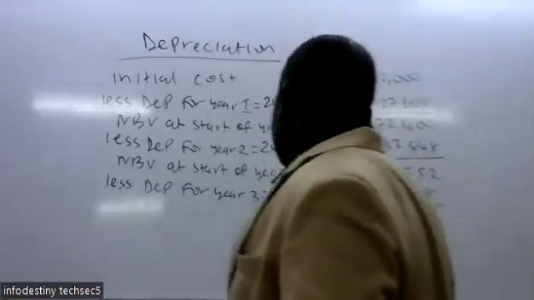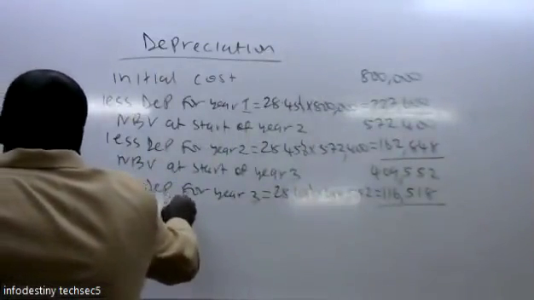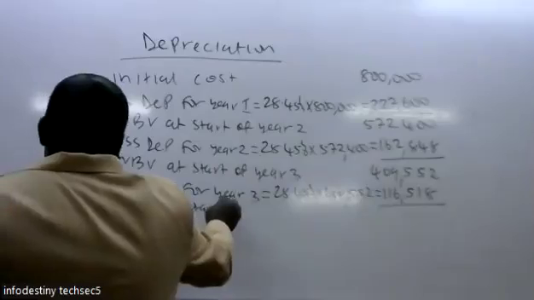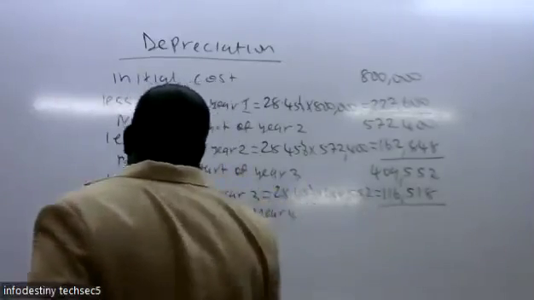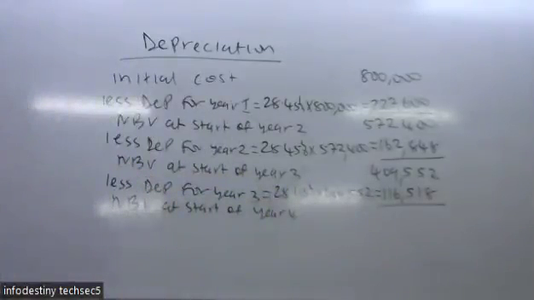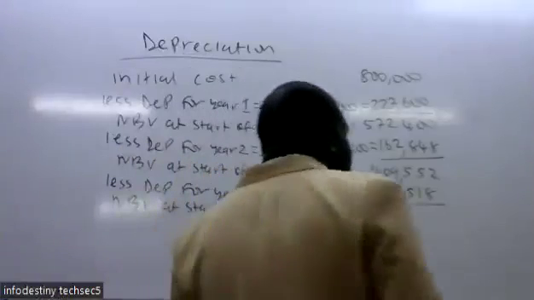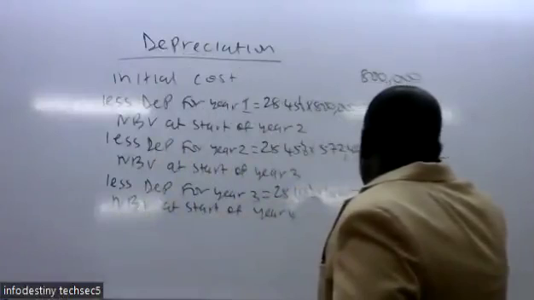So that you also get the net book value at the start of year 4, 293,034.